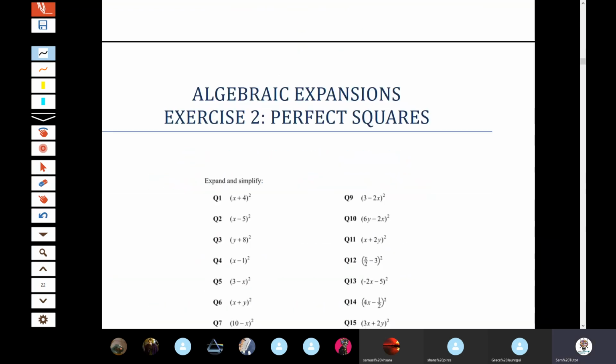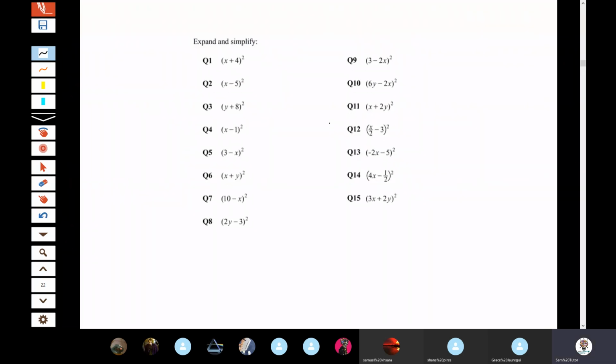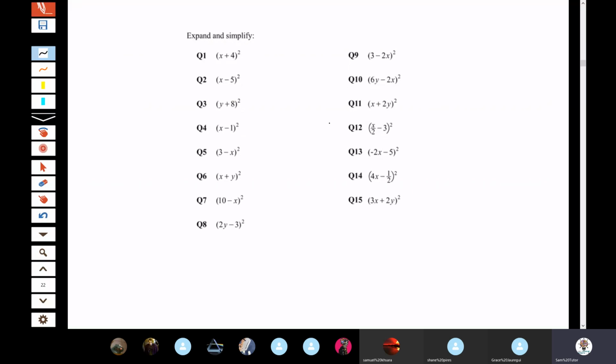Let's try this. Each one of us are going to try this because this is a really weird one. And it is probably the worst section I've seen from a lot of students. They don't memorize it very well, so it becomes really bad. Let me just write it.